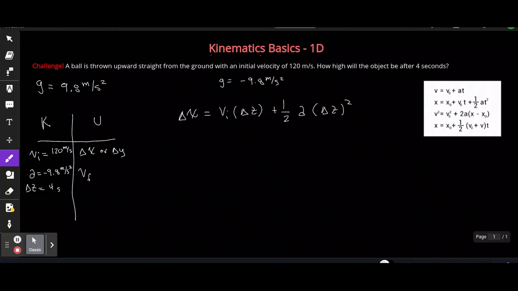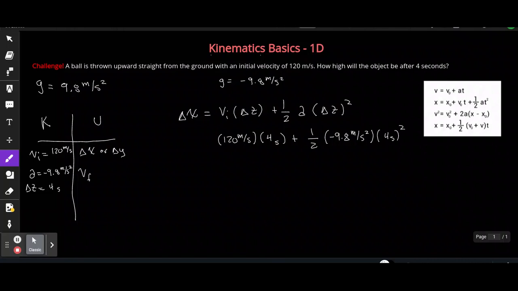This already has our displacement isolated, so all we have to do is plug in 120 meters per second as our initial velocity multiplied by 4 seconds, plus 1/2. Remember that because we're throwing upward and that is considered positive in this equation, we're going to use negative 9.8 meters per second squared as our acceleration. And our elapsed time again is 4 seconds, and that is squared.